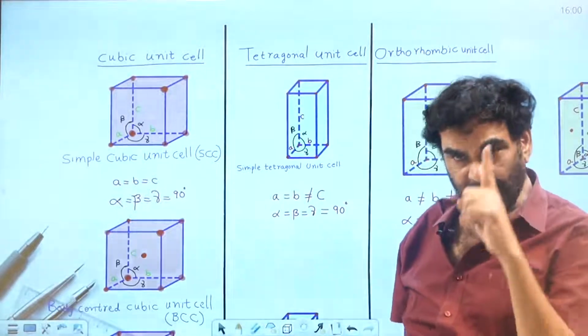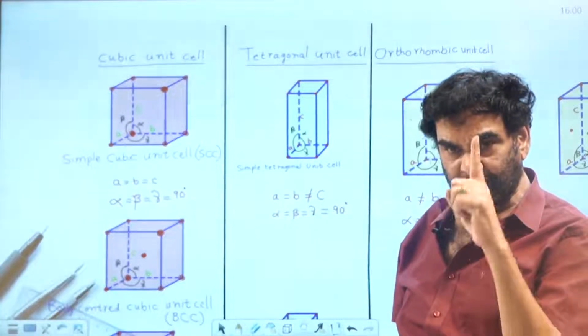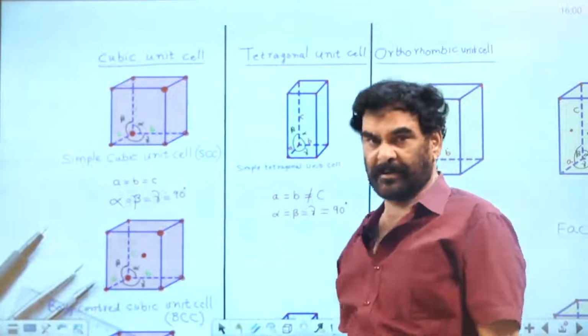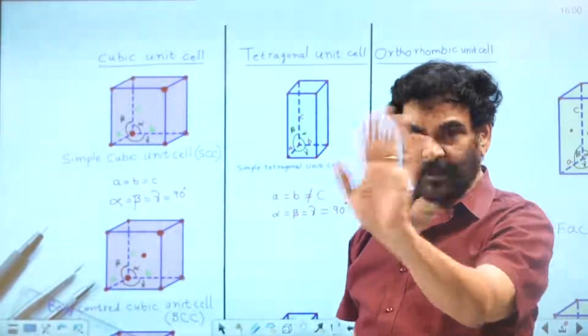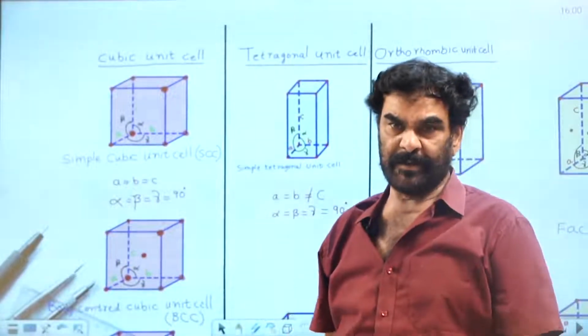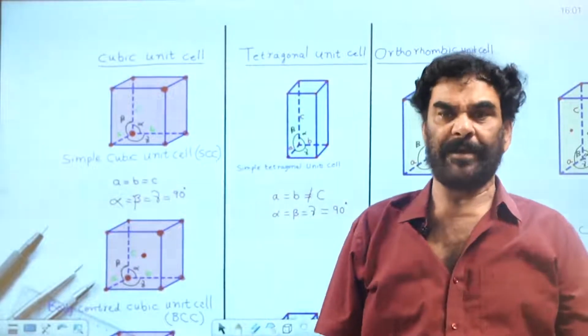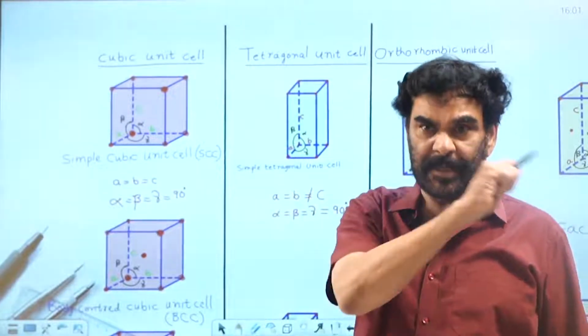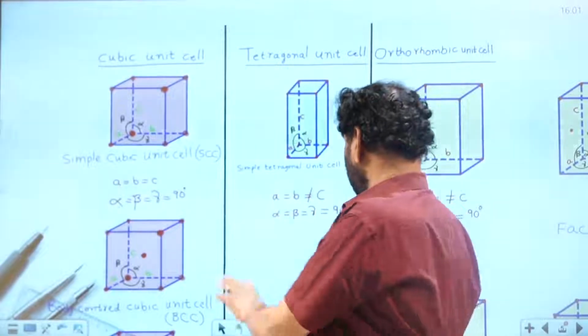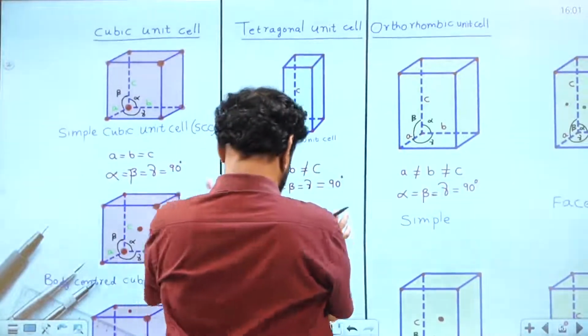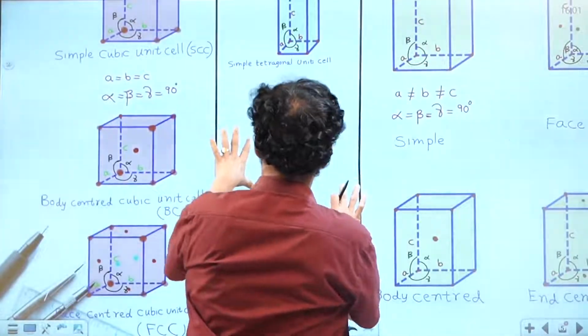The tetragonal unit cell is identified based on the cell parameters, not based on the position of the lattice points. It is observed that in the tetragonal unit cell, two arrangements are possible.